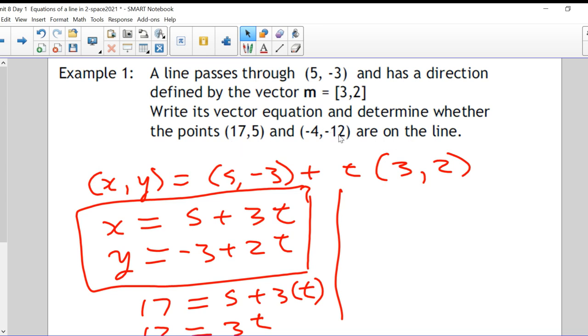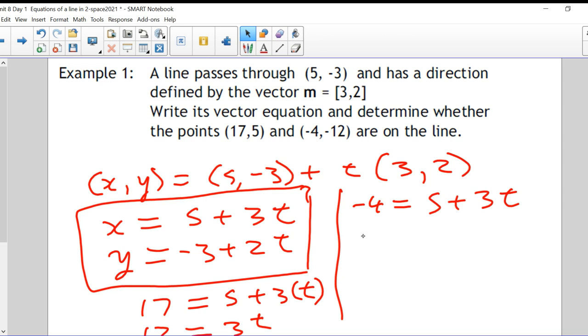Is (-4, 12) on this line? Okay, let's think this through. Let's start with the minus 4. So minus 4 is equal to 5 plus 3t. I'm just trying to figure out what t value I'm working with for the minus 4.